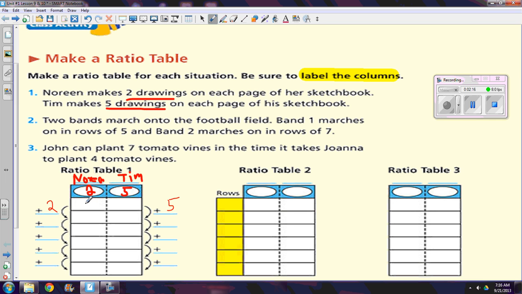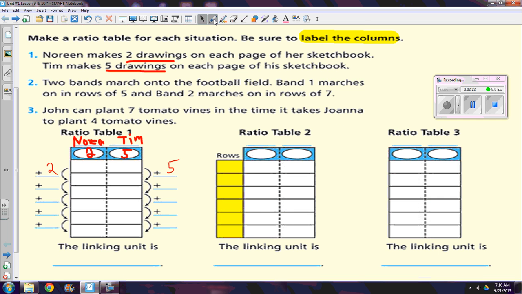So you would start out with 2 and 5, plus 2, 4, plus 5, 10. And then all the way down, you can go ahead and fill it in and finish your table. Two, 4, 4 plus 2, 6, 10 plus 5, 15.